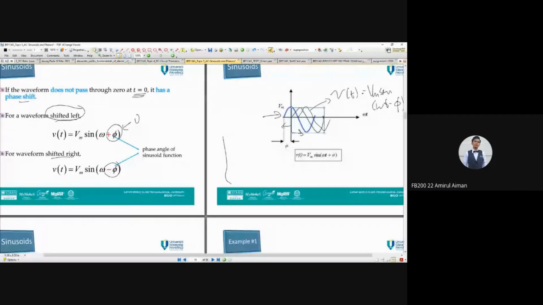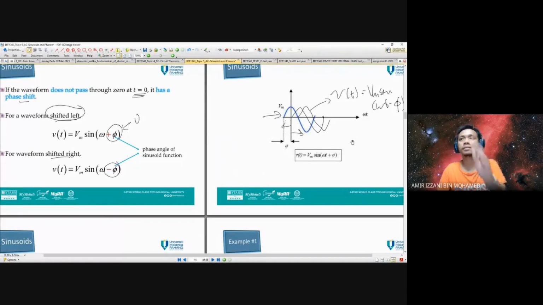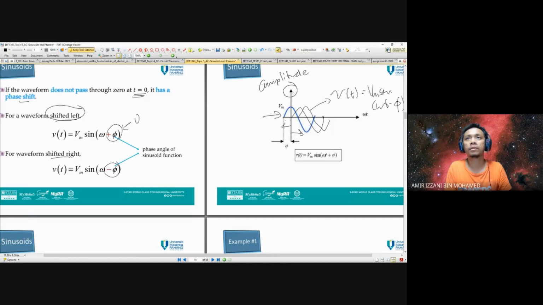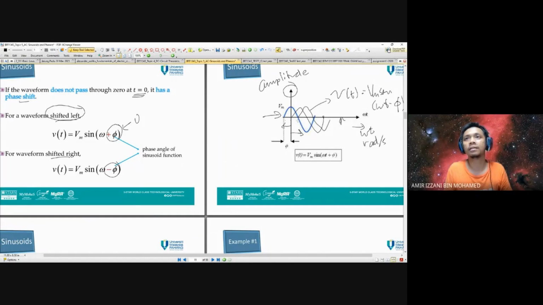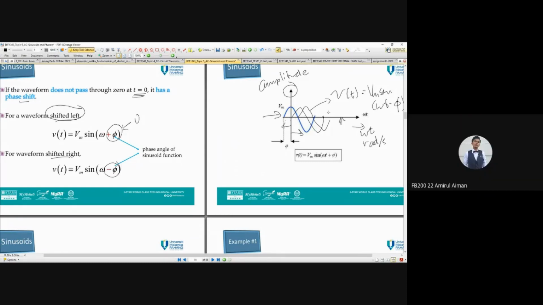Sir, so the angle, do we need to take it from the x-axis or y-axis? The angle here is the x-axis. Y is the amplitude. The x-axis is not time, sorry, it is the angle. Omega t is the angle, in radians per second. This is the angle here, so we go from 0 along the x-axis.